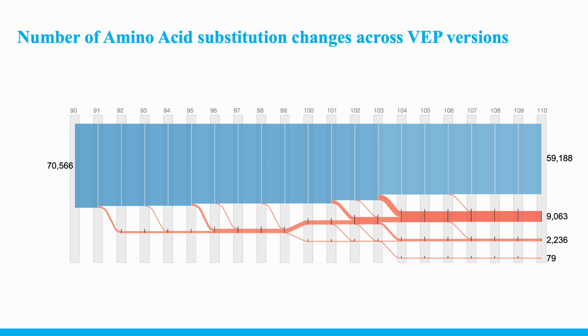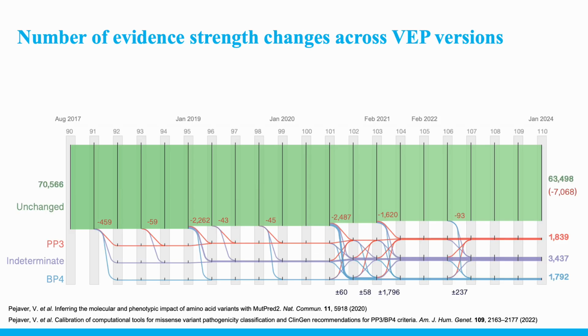Are these clinically impactful? In order to get at this question, we're again looking at this chart. We're again looking at changes across versions of Ensembl's VEP. But here we have scored with MutPred2 all 70,566 variants with a score between 0 and 1. We have scored all the variants across all versions of Ensembl between 90 and 110, and we're looking at the impact that Ensembl database updates have on the MutPred2 score.